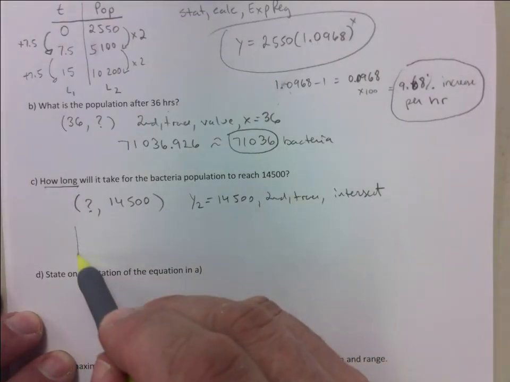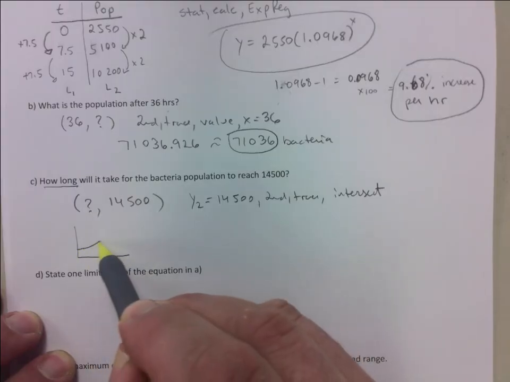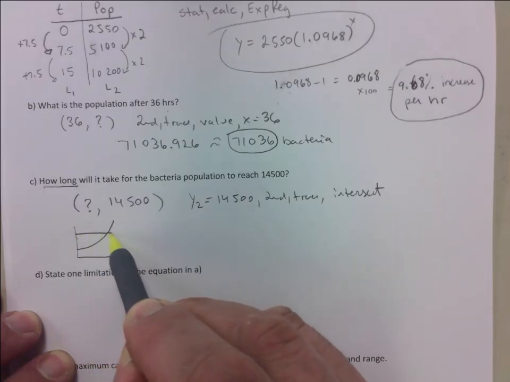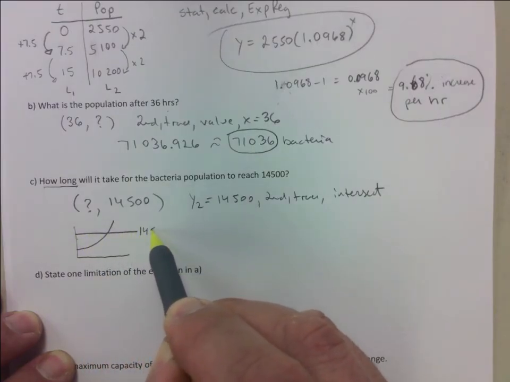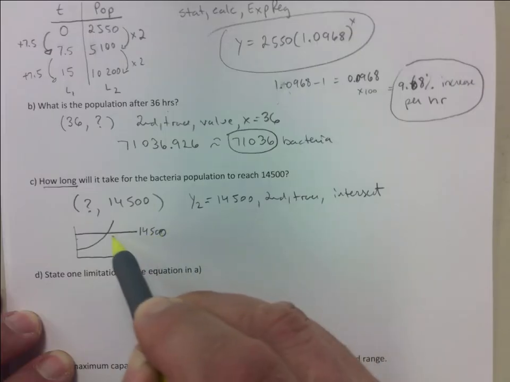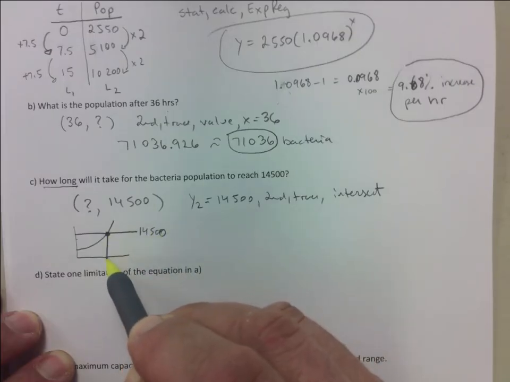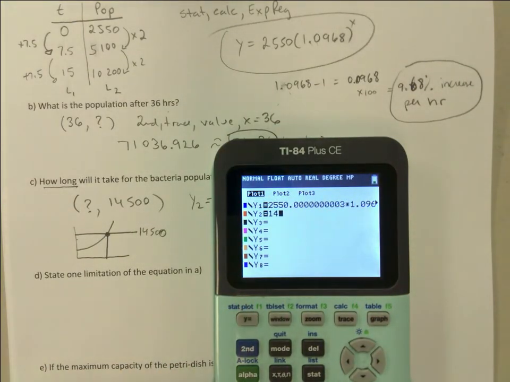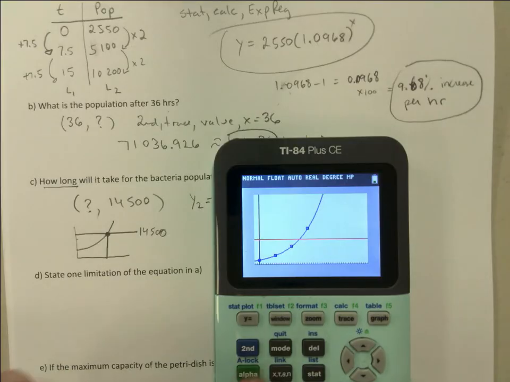Most likely, I will just show you here, just a sketch, right? 14,500 is going to be here somewhere. And so we're trying to figure out how long it will take, right? There it is, second trace 5, enter, enter, enter.